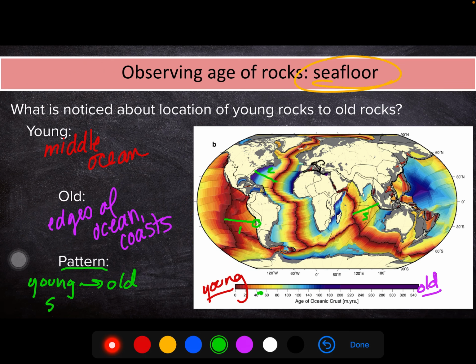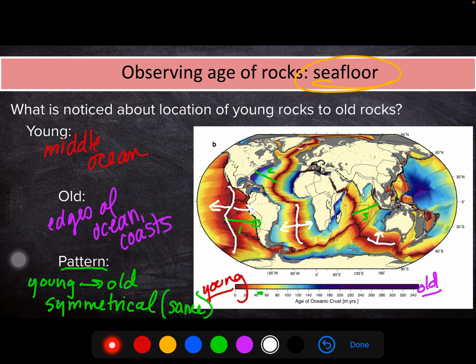And I also know that they are symmetrical, or the same, on either side of that young location. So wherever I see that band of young rock, no matter which way I go, I'm noticing that exact same pattern on either side. I'm seeing symmetry on either side of that young rock.